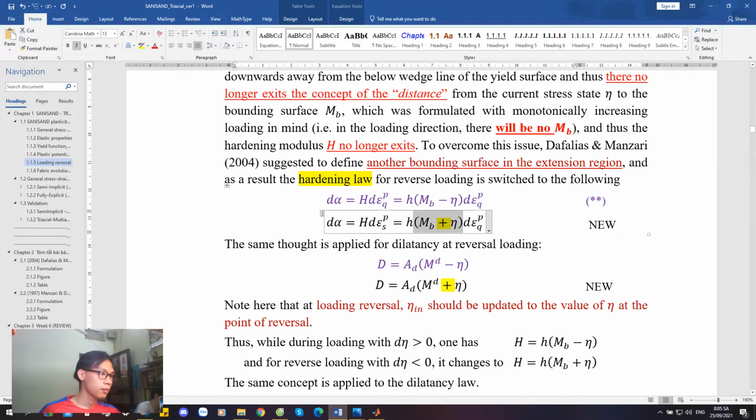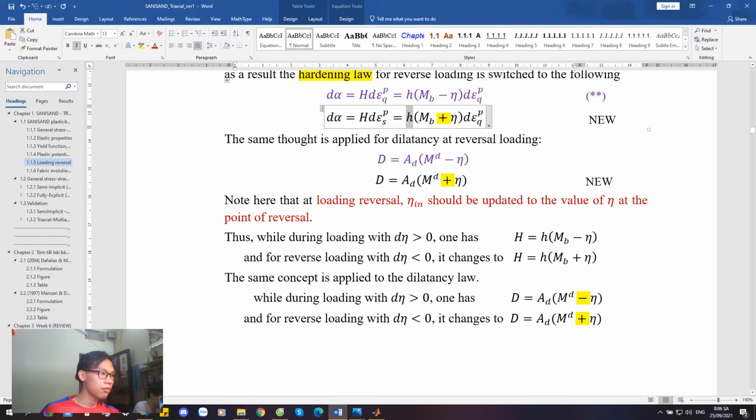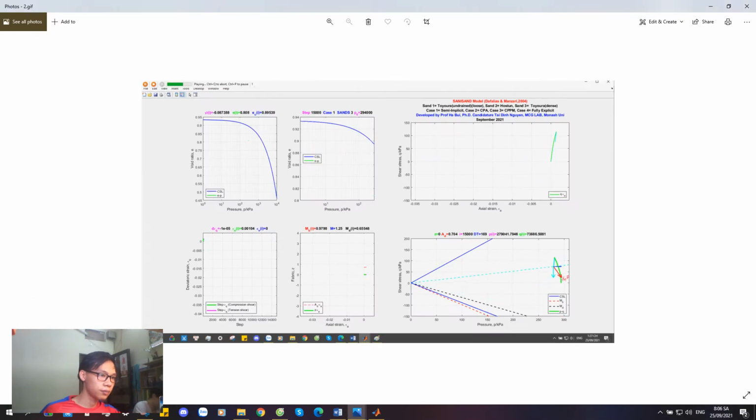It's always a distance. When loading reversal, we have to change it from minus to positive. D and phi is equal to 0 when you stop, or MP eta division with one more value, so that it makes alpha move toward there.